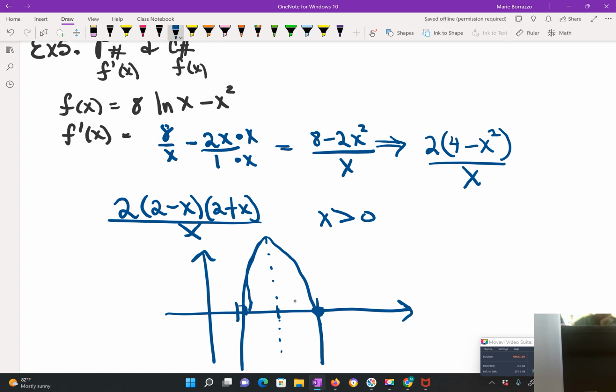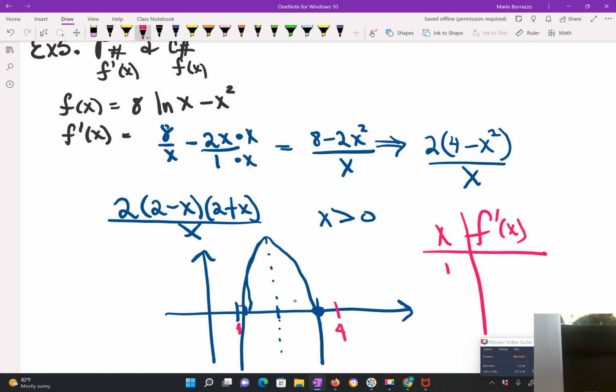So if we use partition numbers, let's use 1 as a partition number. I use the 1 over here because eventually this is going to cross over. And I could use the 4, 1 and 4, those two numbers. And so here we would sit with x, and this is f of x, f prime x, the derivative.